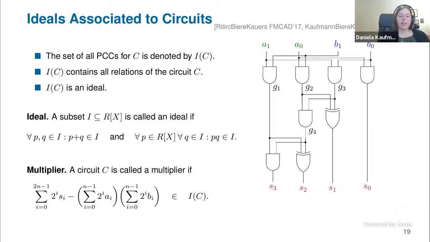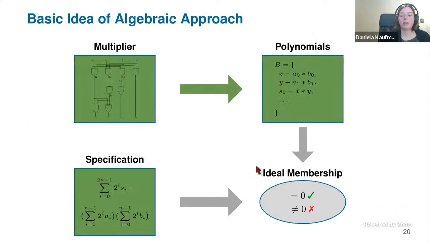And you see, this brings us down here: what we want to solve is, in fact, the ideal membership problem. So we want to show whether the specification is contained in the ideal that contains all the circuit relations.